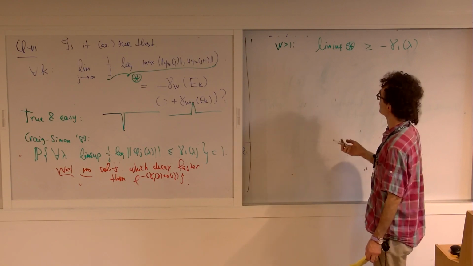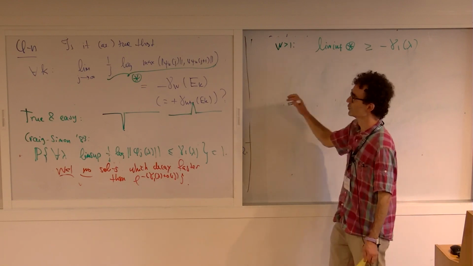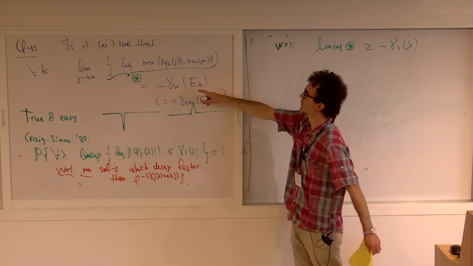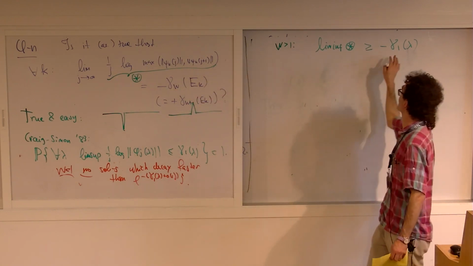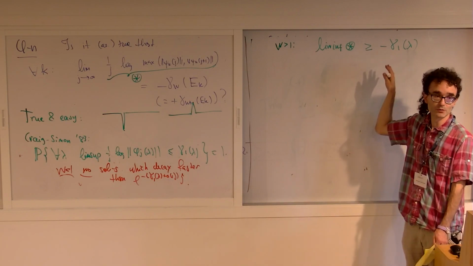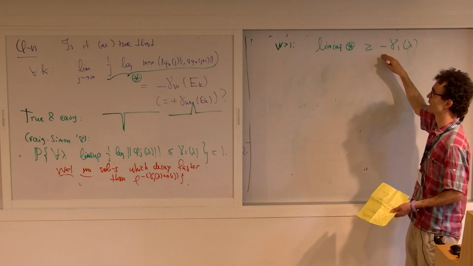And you see the lim sup, we know that the lim sup is less or equal than minus gamma w, and of course we expect the answer to be gamma w rather than gamma 1. There's a great gap between this and what we expect.